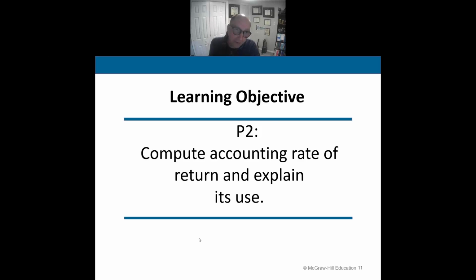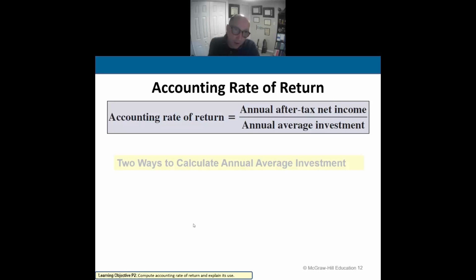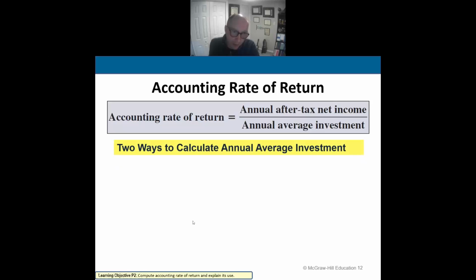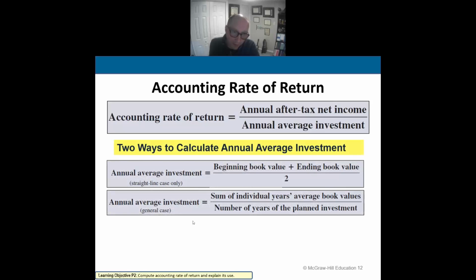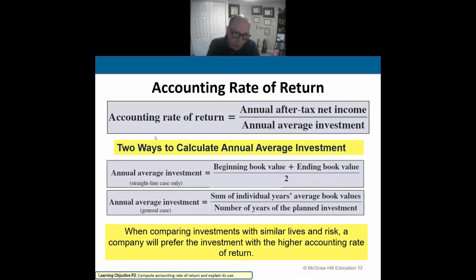The accounting rate of return helps us to do a few things. It helps us when it comes to comparing, and also helps us to understand the risk that the company is willing to take.